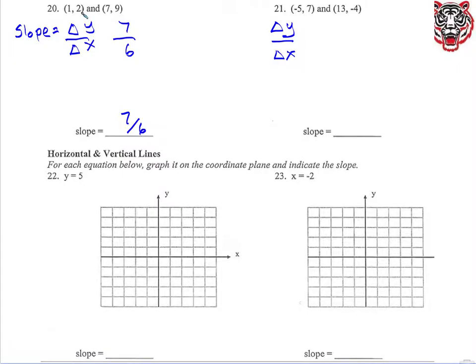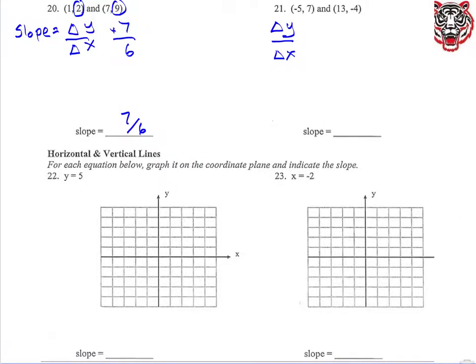Yes. So slope, we have the definition of slope, which is delta y over delta x. So far, are we good? Okay. So delta y, remember the y values are the second values. So I'm looking at 2 and 9. How much do I have to add or subtract from 2 to get to 9? I added 7, so positive 7.